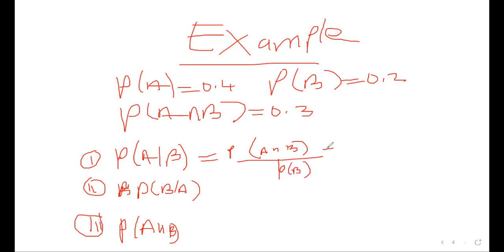So what are we getting now? 0.3 over the probability of B, which is 0.2. So for this one, we can find the answer. What answer are we getting? 1.5.